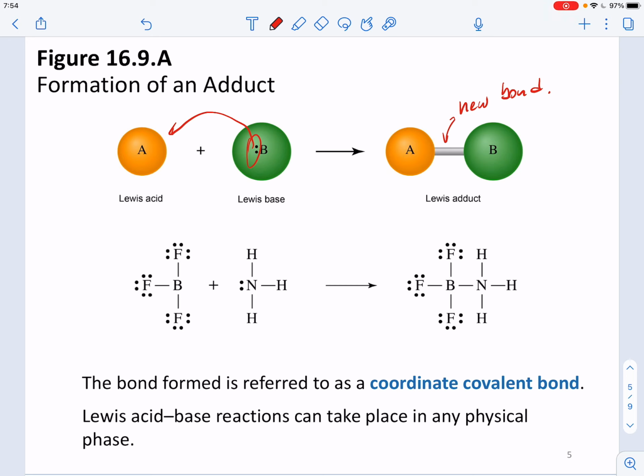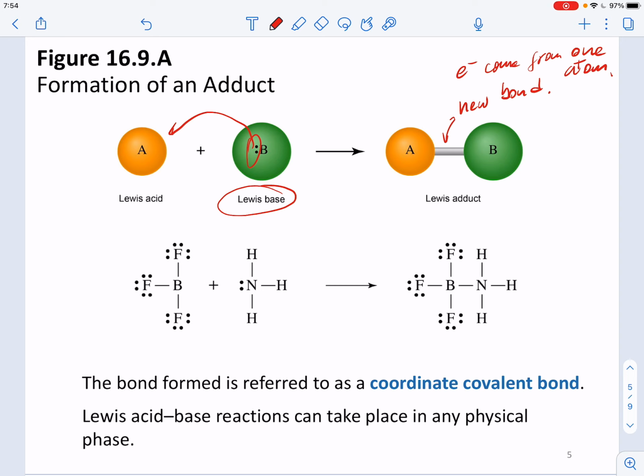Usually in the normal formation of a compound, if it's a single bond, you have one electron from each atom. But in this particular one, when you have a Lewis acid-base reaction, that pair of electrons is coming from one of the atoms, in this case the Lewis base. And this new bond, the electrons come from one atom.